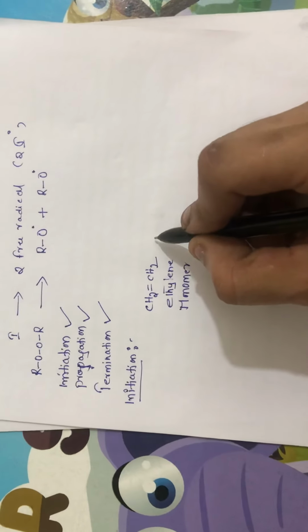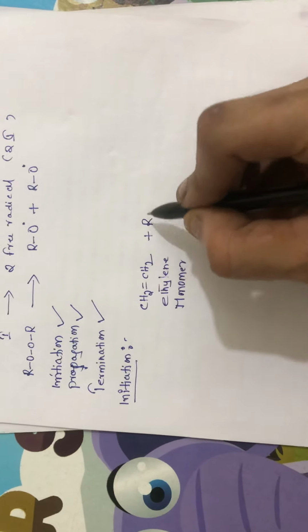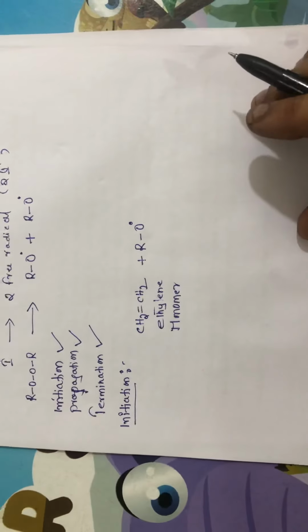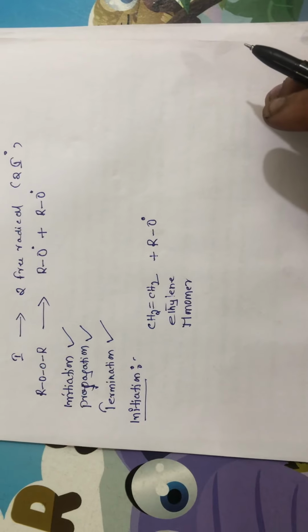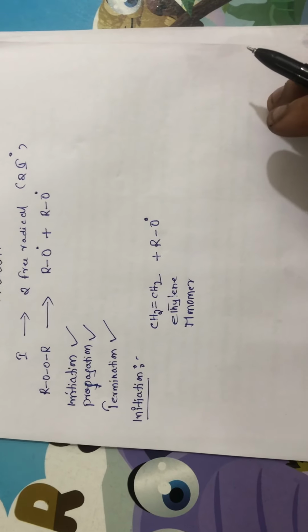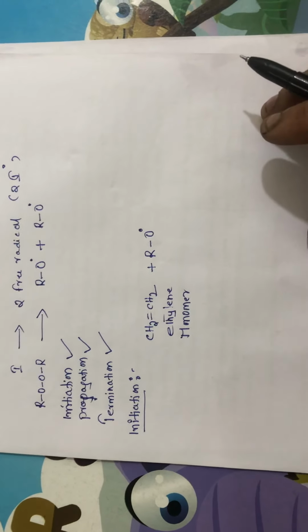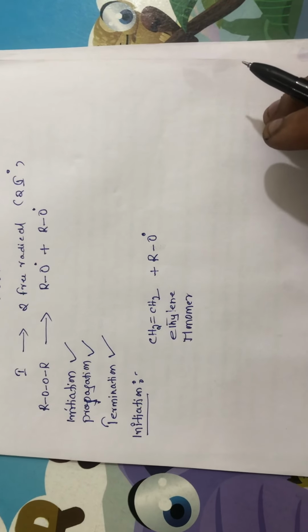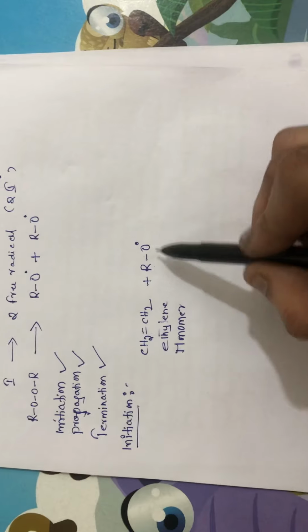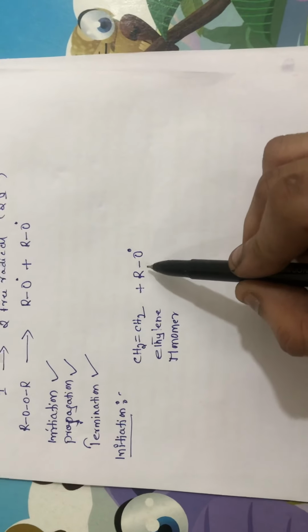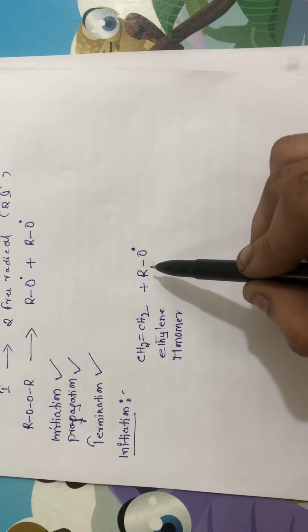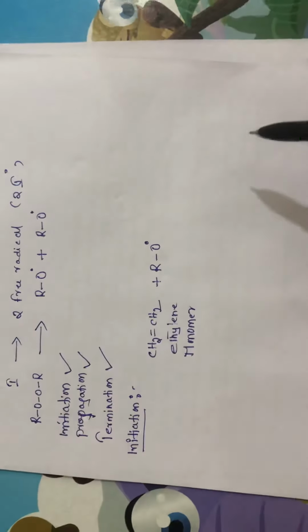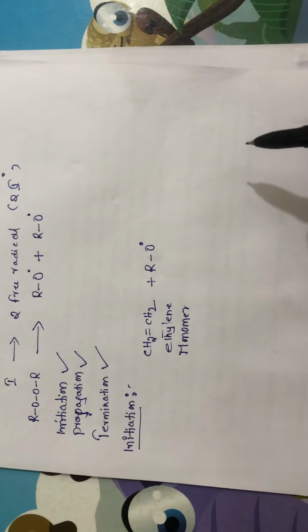The free radical is now in contact with the monomeric unit, like this. So the monomeric unit is in contact with the free radical. Where did this free radical come from? This free radical comes from the homolytic dissociation of an initiator, right?